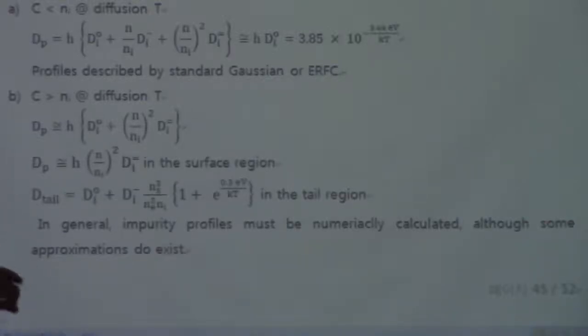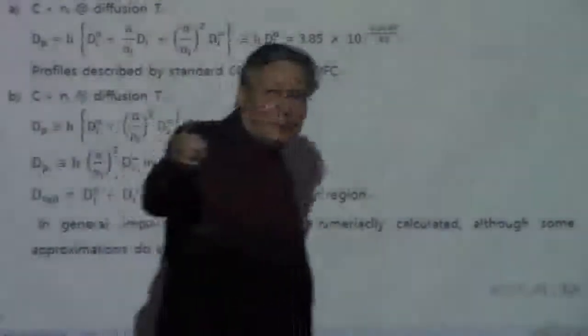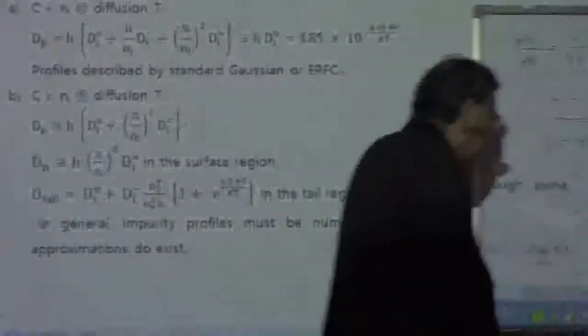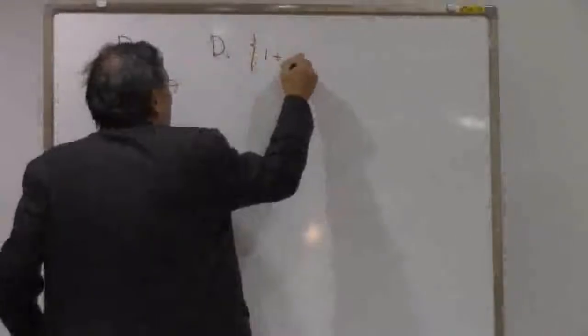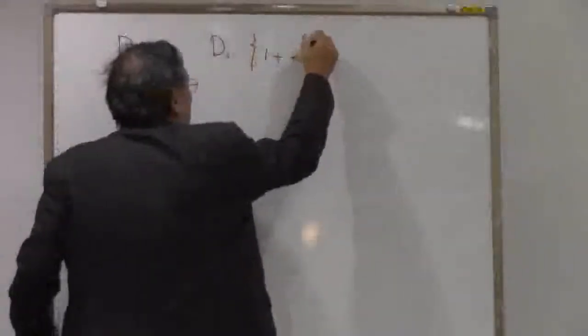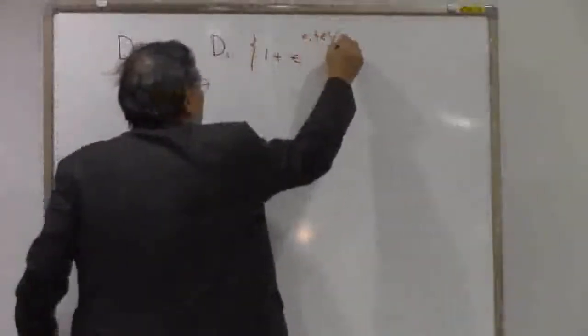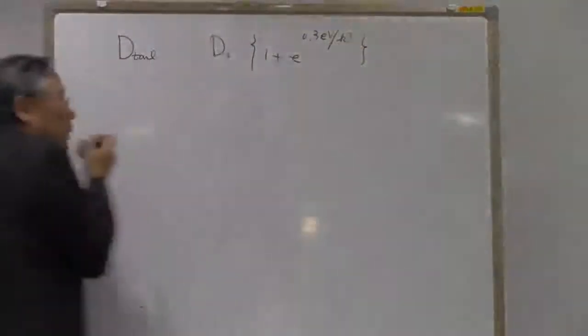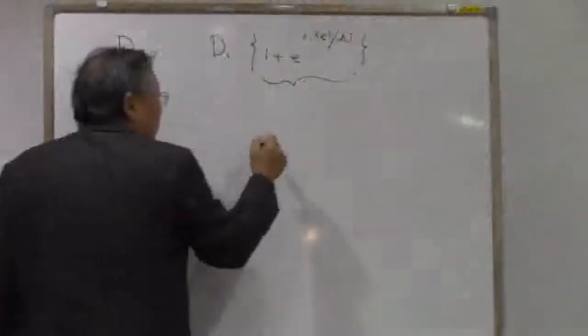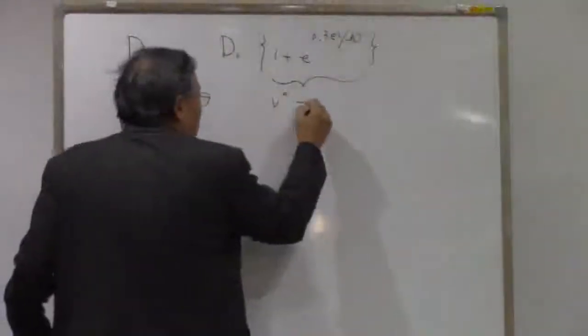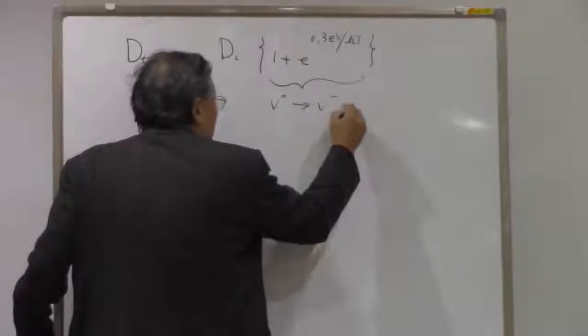Now, let me tell you just one thing. The value changes by a factor something like this, right? And this factor is coming from the V double minus and V minus dissociation reactions.